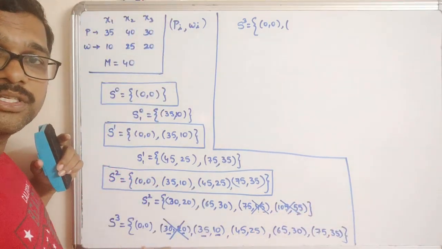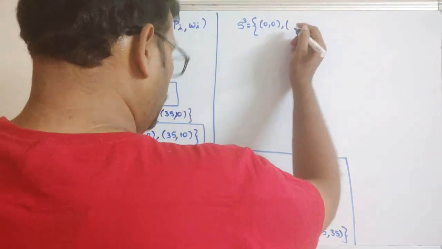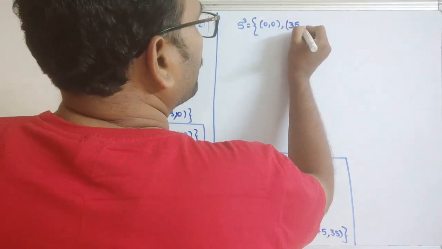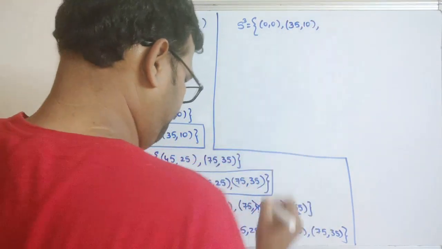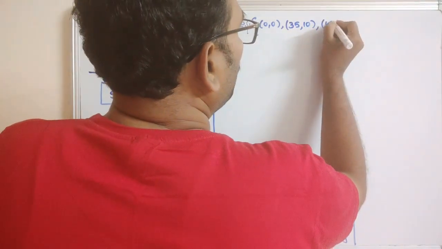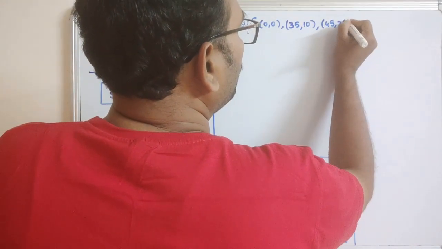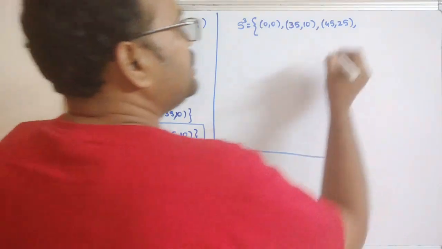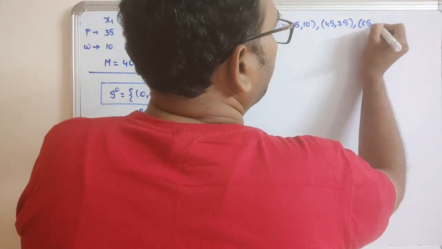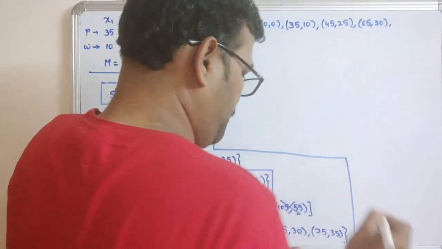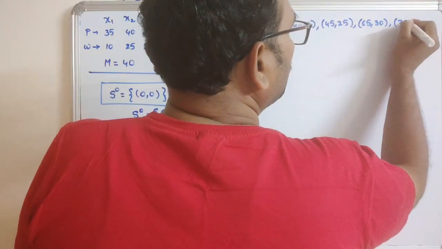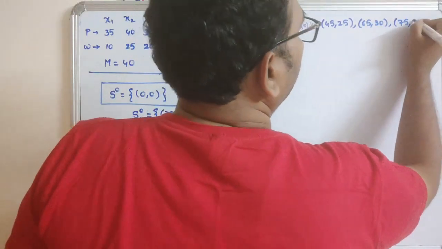So there is no dominance, right? So 0, 0, 35, 10, 45, 25, 65, 30, 75, 35.